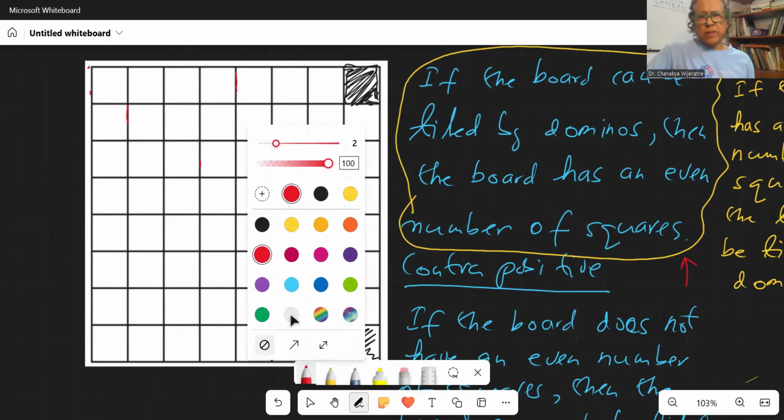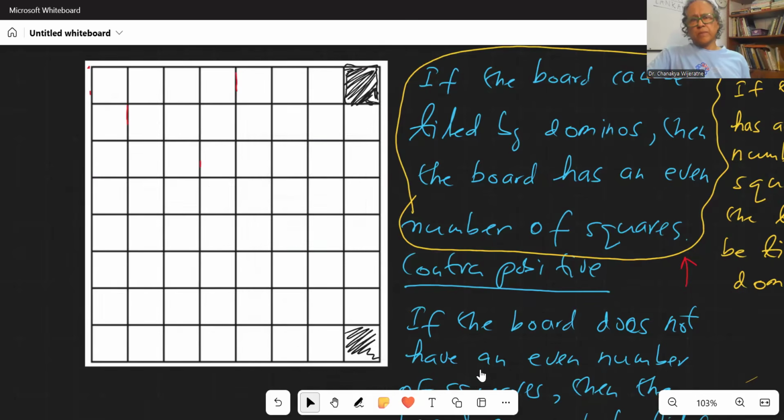Now let's see whether we can tile this. In the very first one, we tiled each row, and we were able to tile the whole board. Now, what about this row? Can we tile it? It has 7 squares, and we cannot tile it. So instead, let's look at columns.